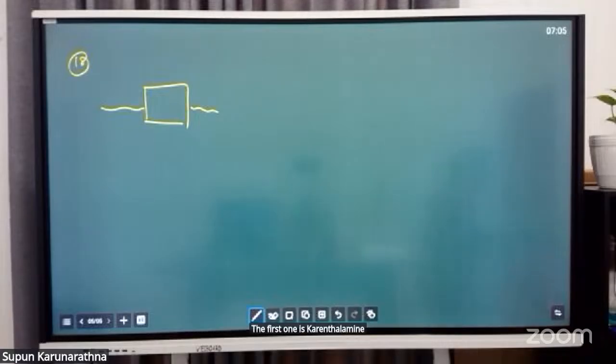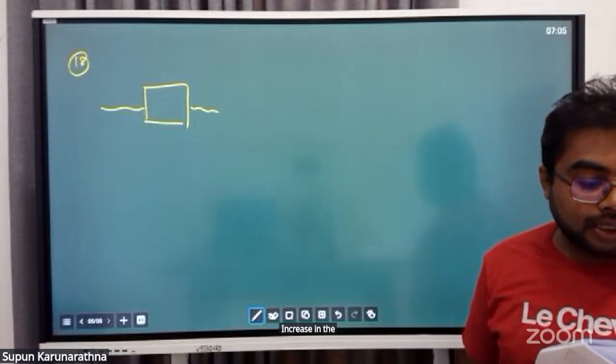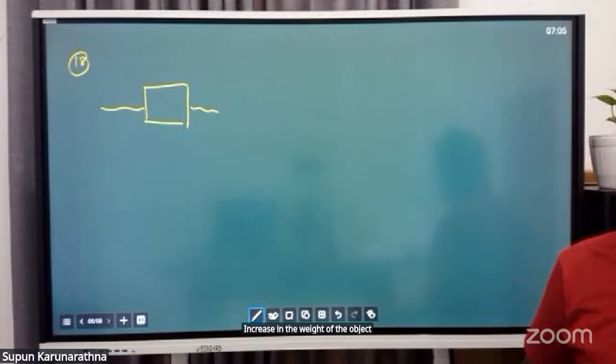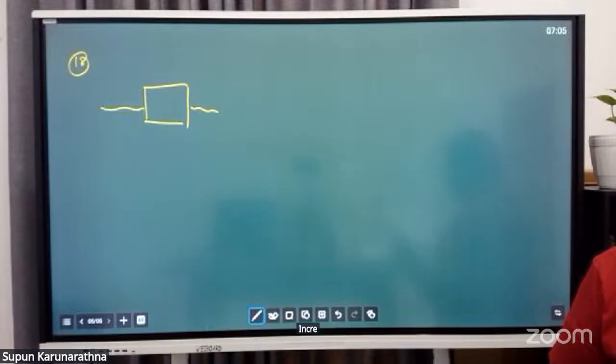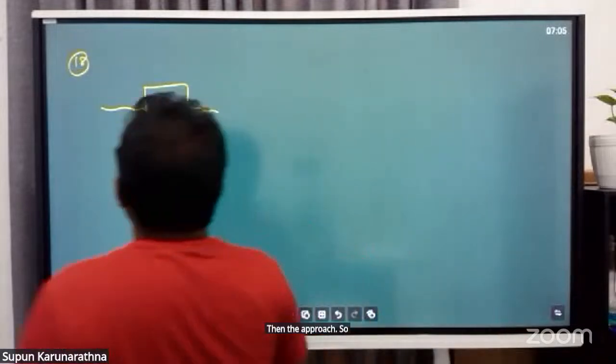So what do you think about the next answer? The weight of the object is greater than the upthrust. So here is the weight.